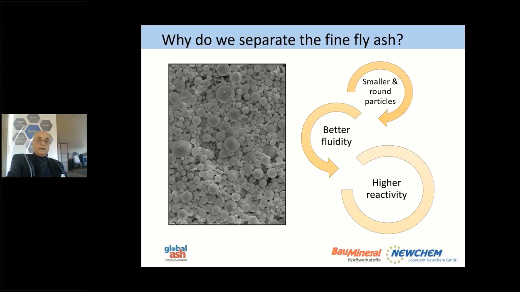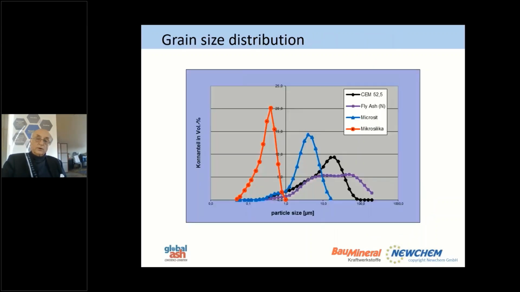Therefore, it is a big help to make concretes with a very dense matrix and with a high reactivity. Actually, Microsit 10 is almost as reactive as a slow metakaolin. Because the surface is so big and the dissolution is so strong.